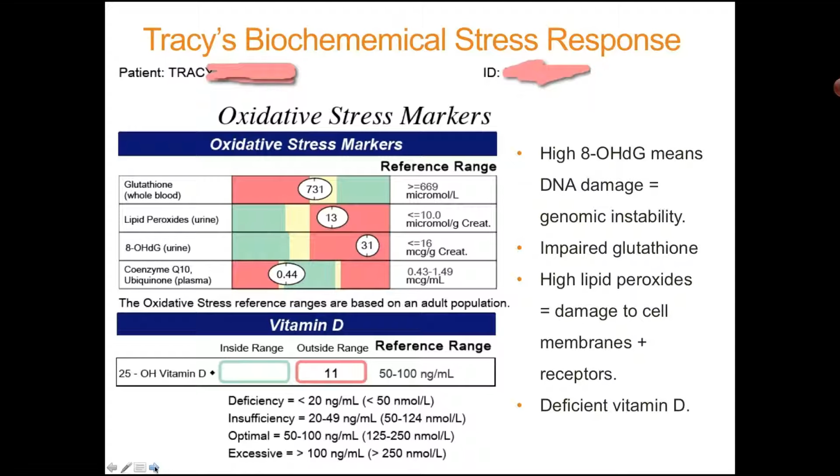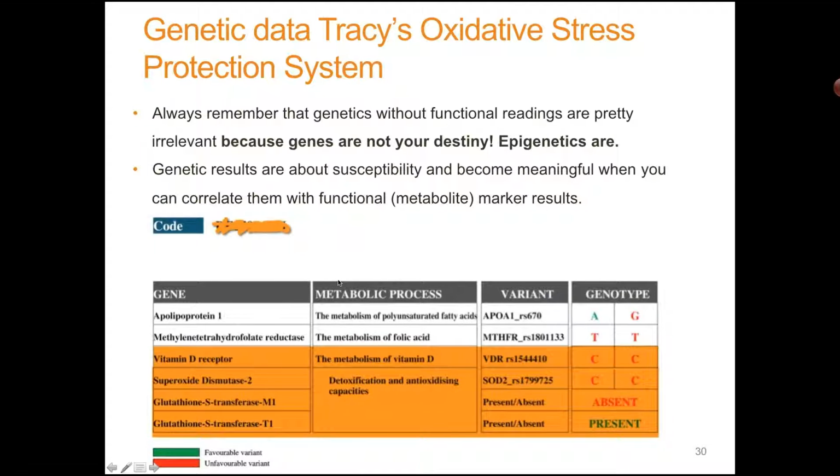There's damage potentially to the genome in general due to low coenzyme Q10, lack of energy potentially in the longer run due to coenzyme Q10, which is needed for mitochondrial health, and very low vitamin D. These are, in a way, coupled very nicely with some of Tracy's genetic characteristics, which are a negative variation in one of the vitamin D receptor genes.